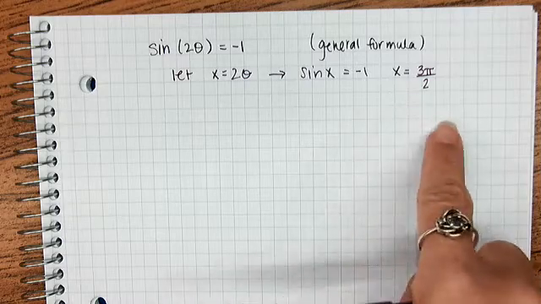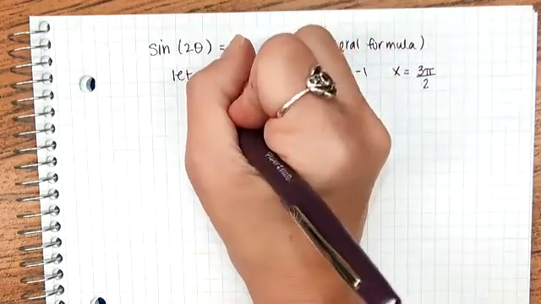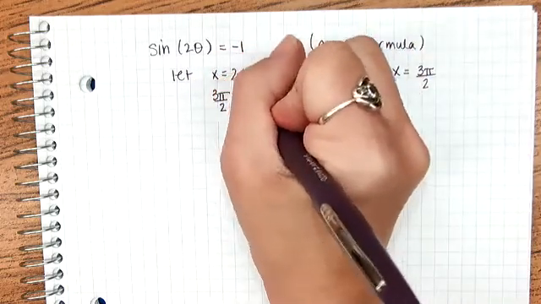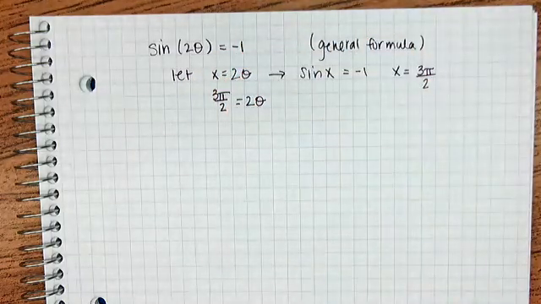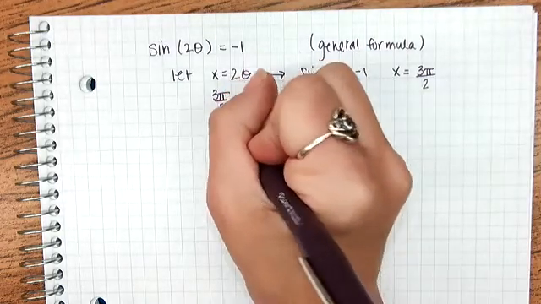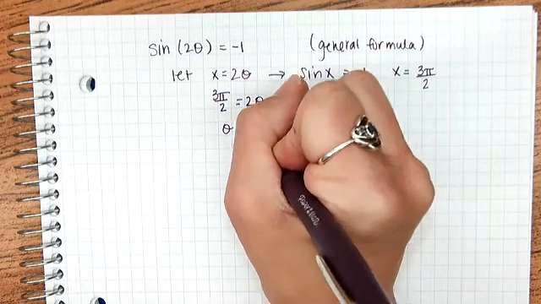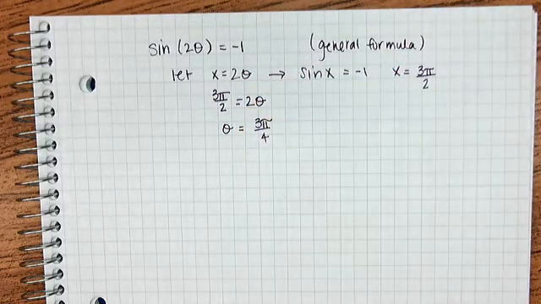So if x is 3 pi over 2, then 3 pi over 2 equals 2 theta. Theta is 3 pi over 4.